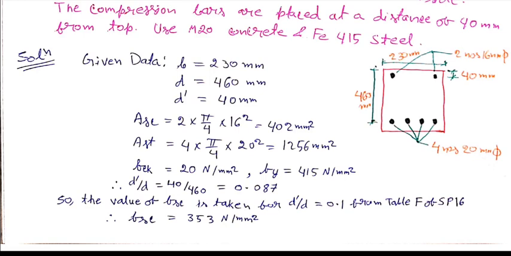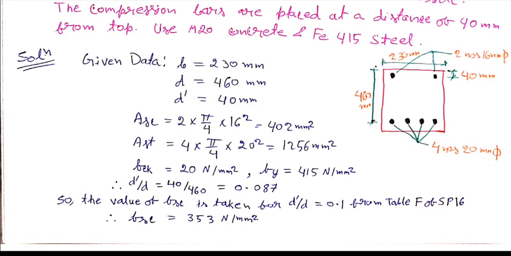1256 mm square. fck is given, that is 20 Newton per mm square for M20 grade of concrete, and fy is 415 Newton per millimeter square for Fe 415. From this we can find the d dash by d ratio, that is equal to 40 by 460, that is equal to 0.087.